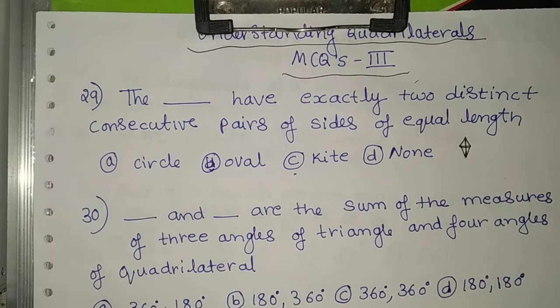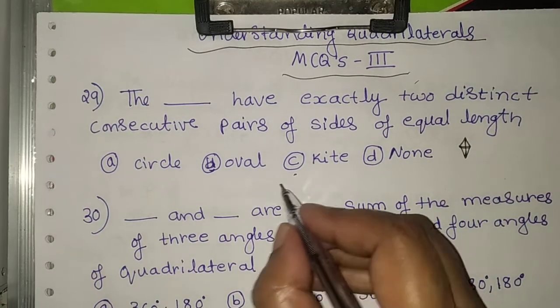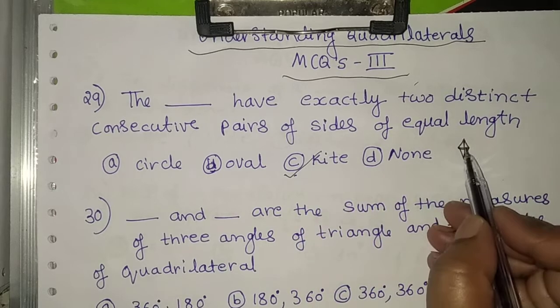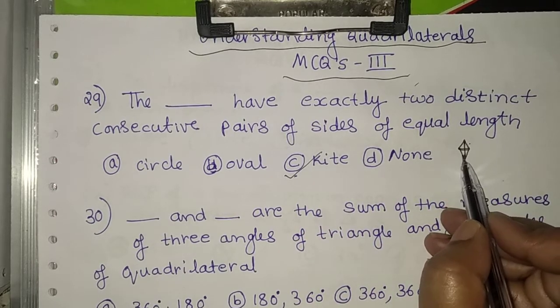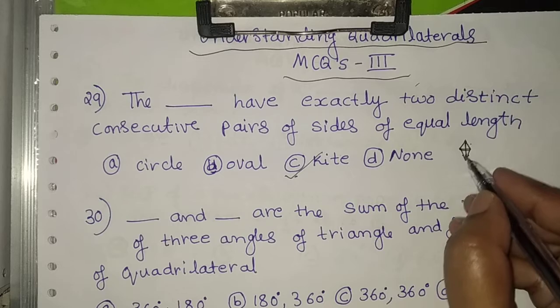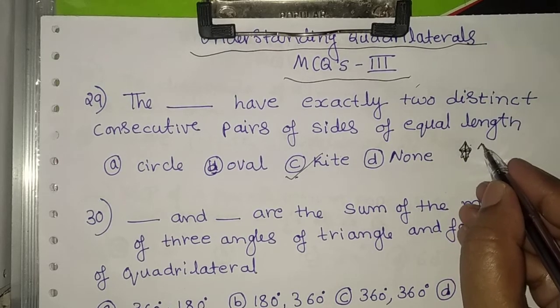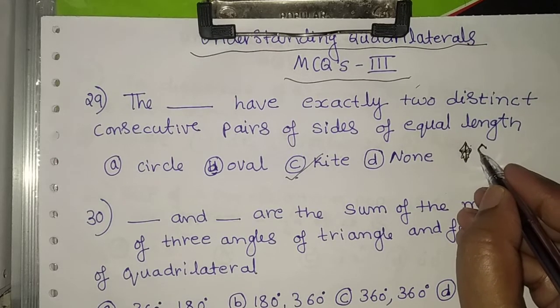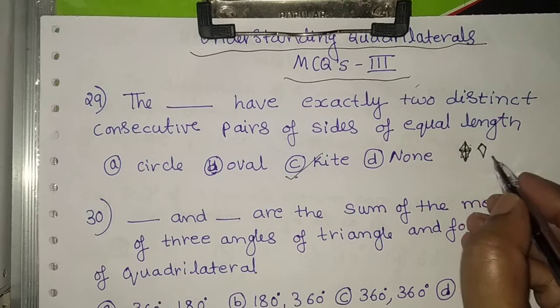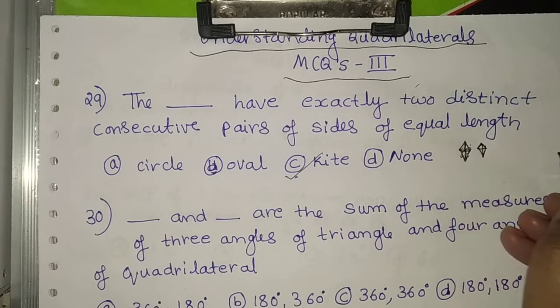Okay, so the correct option is kite. These two make one pair and these two make another pair. I'll just draw it like this, these two short sides and this one. So this is a kite with two diagonals.